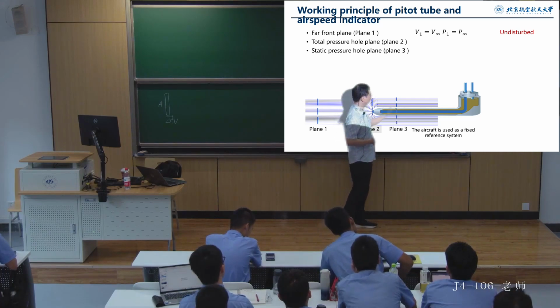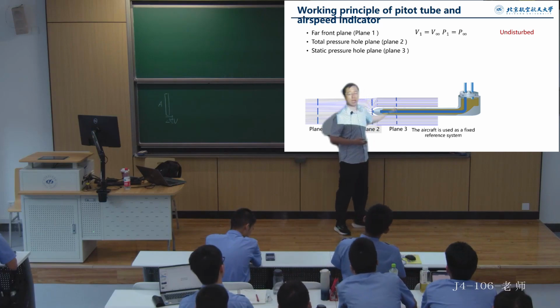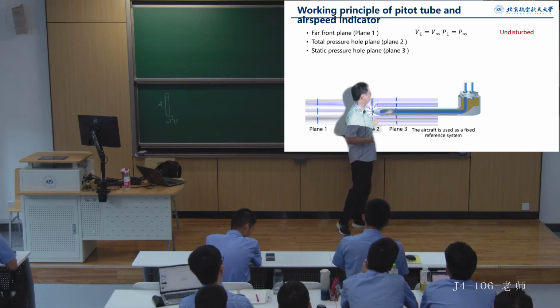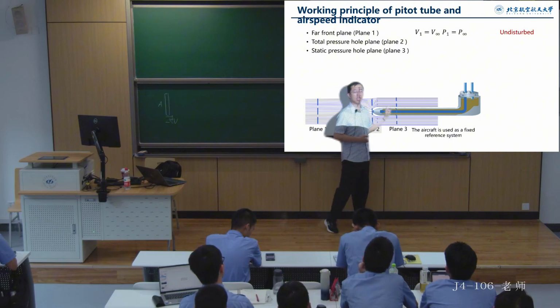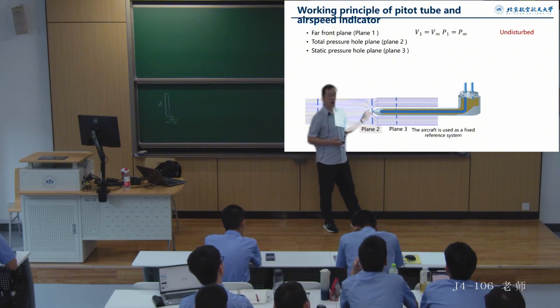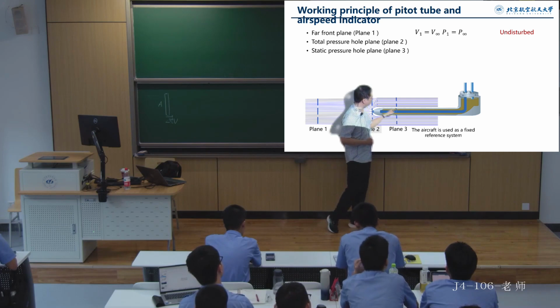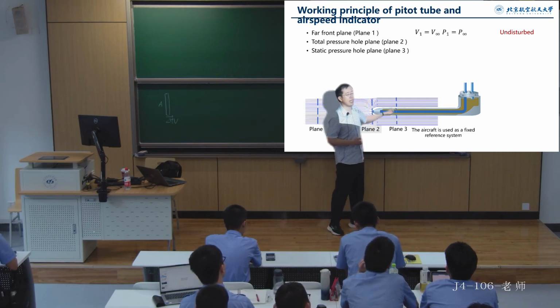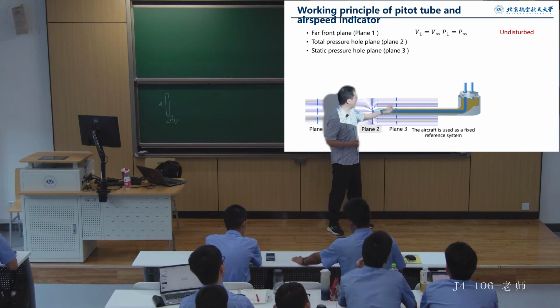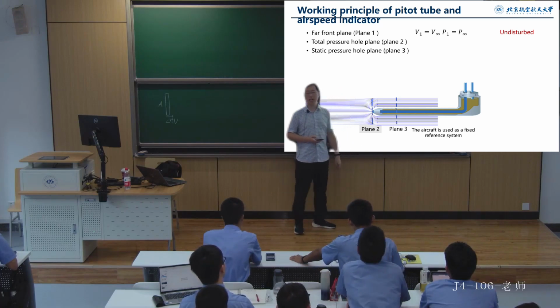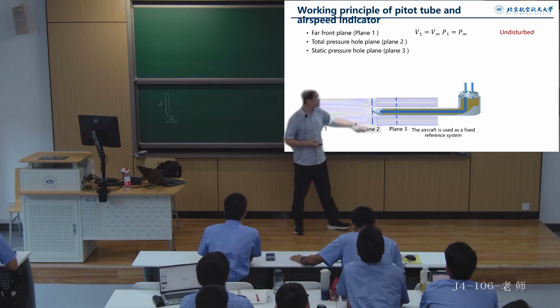Eventually, it collides with the total pressure port at the front end at plane 2. When it reaches a stable state, the pressure inside will be equal to the pressure outside. Now, at this moment, when it hits the very front end, at the point of the total pressure port, what do we say about its speed and pressure at this point? We say that at the very center, when it hits here.